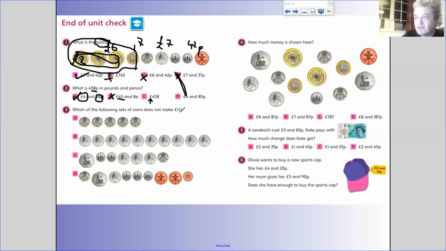Okay, let's have a look at the numbers. They are the same. Look at the place value. This 5 and 8 have been reversed. This is a bit of a trick one. This is £4, 485 pence. Here we've got 458 pence.